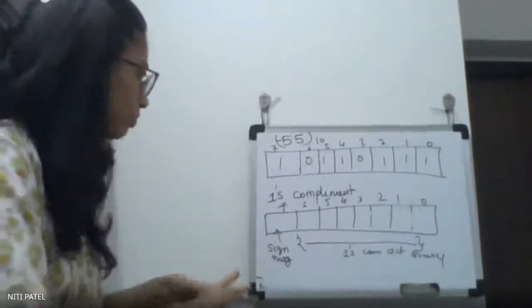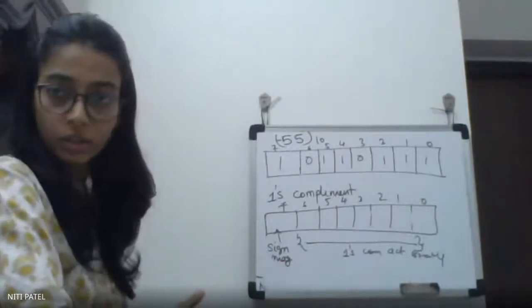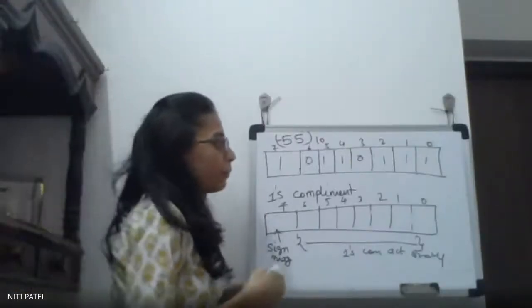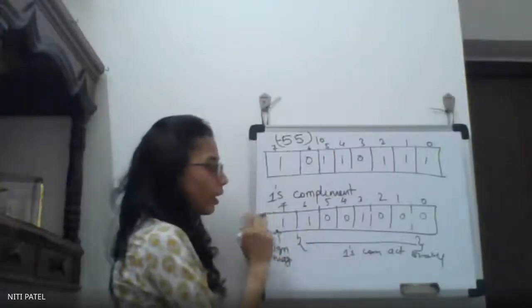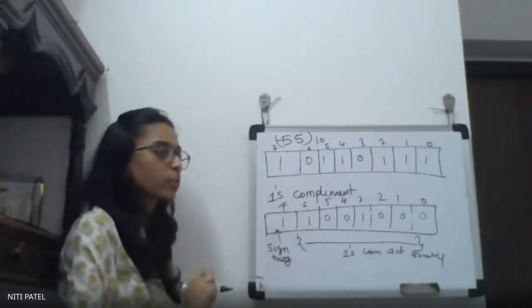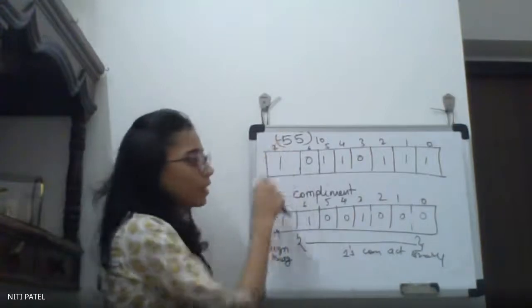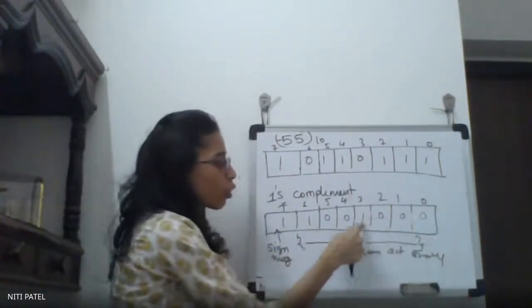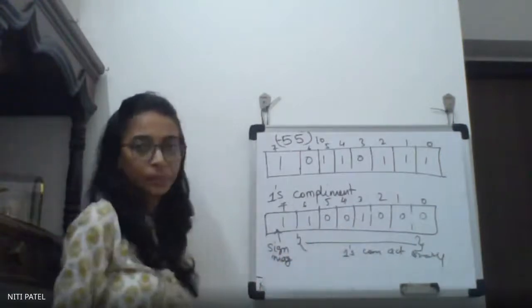Yes, ma'am. 1's complement of minus 55: 0, 0, 0, 1, 1, 1. Correct. So again, I have not changed the first bit where 1 indicates minus, and the 1's complement of 55 is 0, 0, 0, 1, 0, 0, 1.